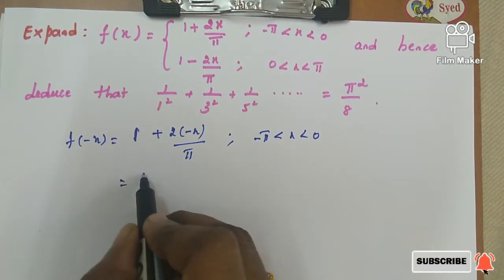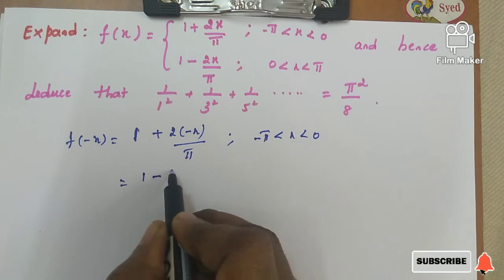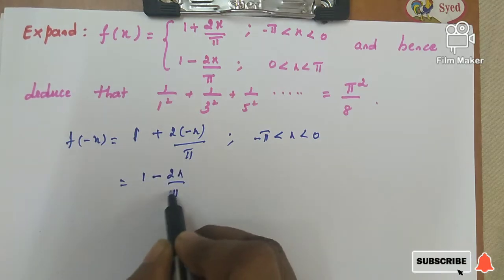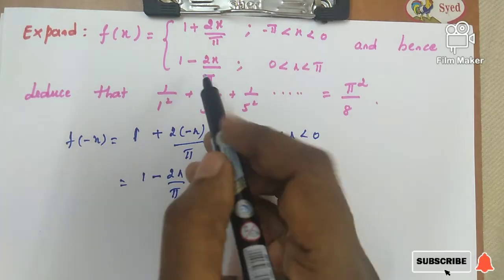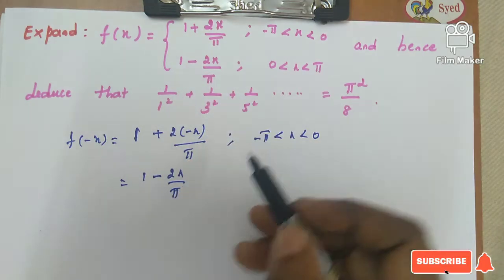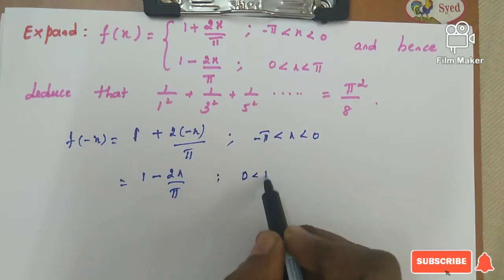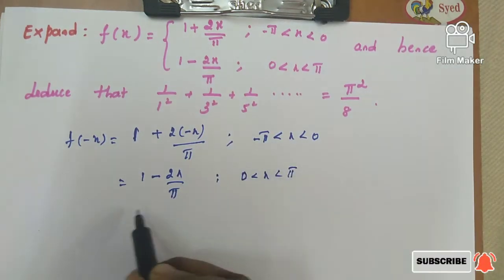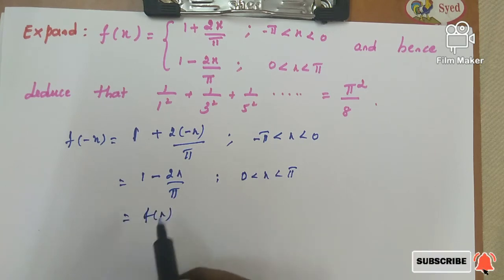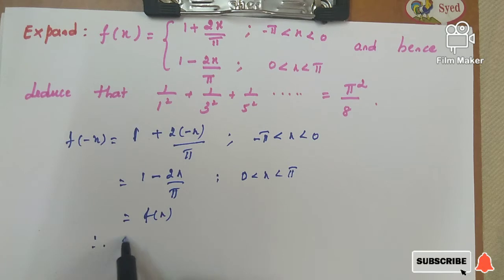Now this will become 1 minus 2x by pi. So 1 minus 2x by pi is nothing but our f of x with the interval 0 less than x less than pi, which is equal to f of x. So now we arrived that f of minus x is equal to f of x. Therefore, given f of x is an even function.